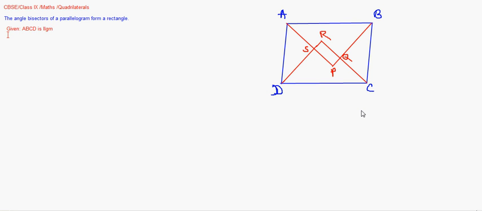It also says AP, BP, we are making them meet. So P, Q, R, S are all the bisectors.